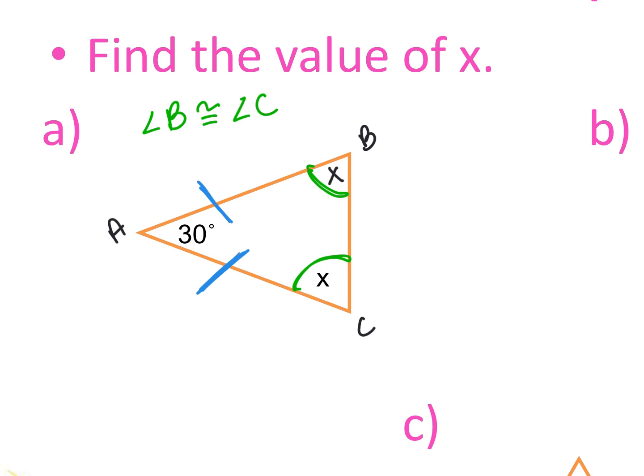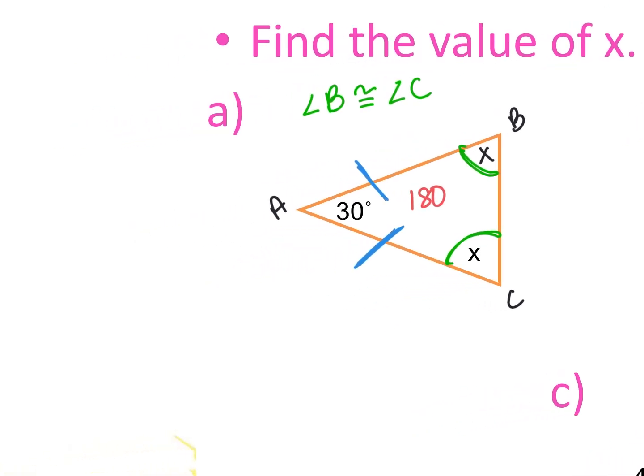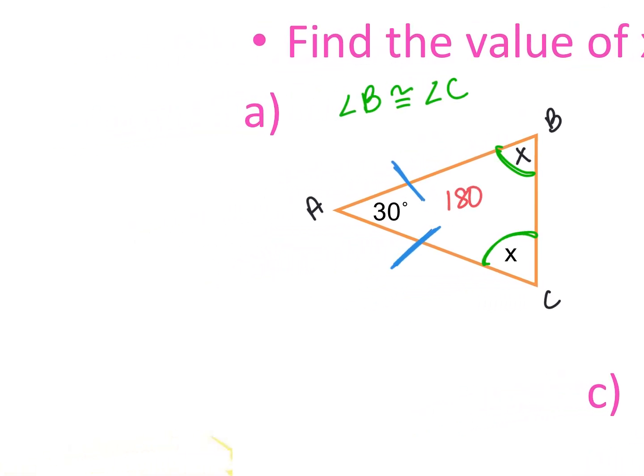What does the inside of my triangle equal? Good. Go ahead and try to solve this on your own. See if you know how to solve for x. I see a lot of you already have the answer, so I'm just going to go over it. I know that the inside of my triangle is 180, and I need to find my two x's. There's a couple of ways you can do this.